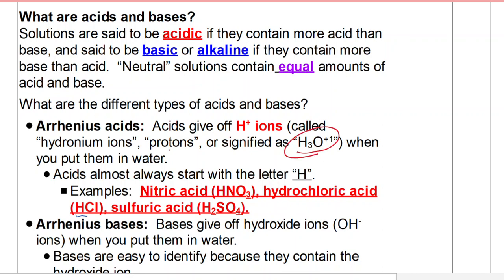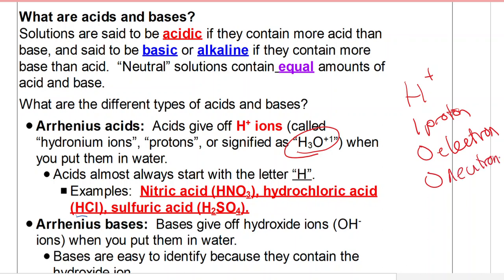It's called a proton because if you think about the H+ ion, it's going to have 1 proton, 0 electrons, and hydrogen generally has 0 neutrons. So proton is shorthand for saying the same thing as an H+ ion when you add things to water. There's a few examples here: nitric acid, hydrochloric acid, and sulfuric acid.